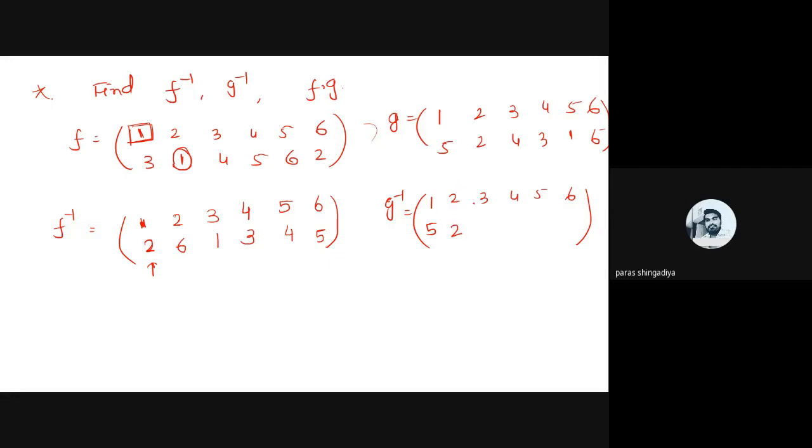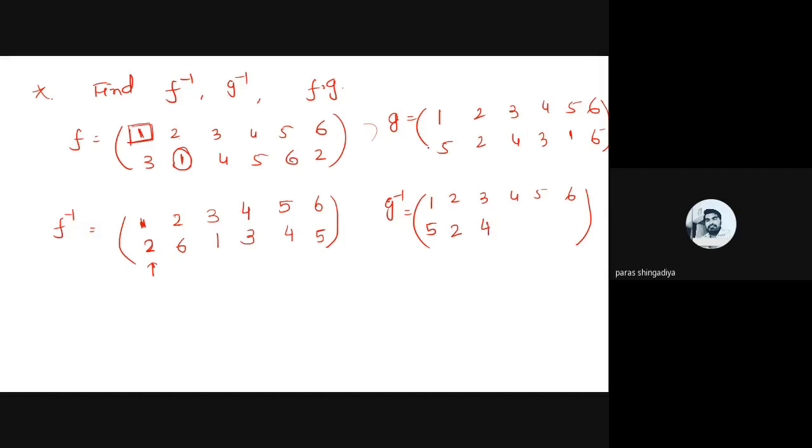Clear? Now the inverse of 3. Okay, check the output 3, and its corresponding input is 4. So the inverse of 3 will be 4.